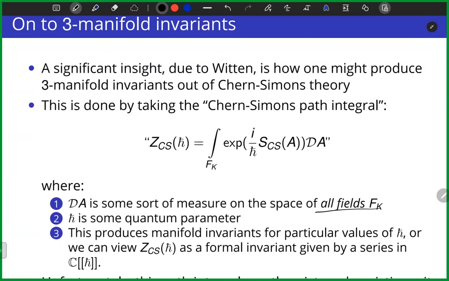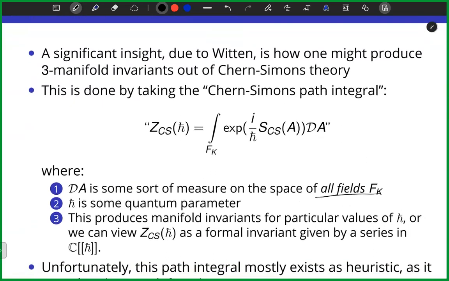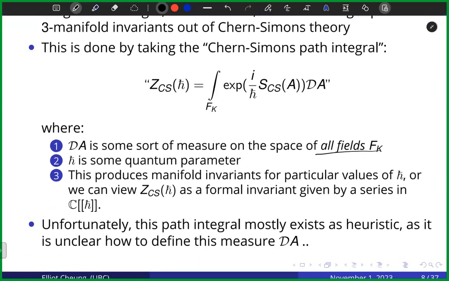H bar is some sort of quantum parameter. This will produce manifold invariants at particular values of H bar, or you can think of this as a formal invariant given by a series in H bar. Although this sort of expression is mostly heuristic, as it's unclear how to define this measure over all fields.